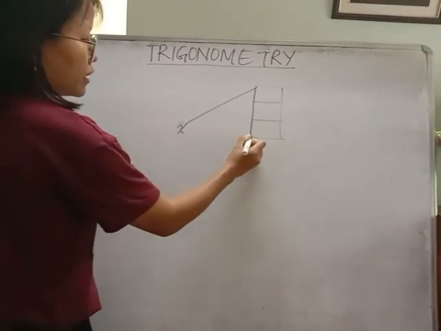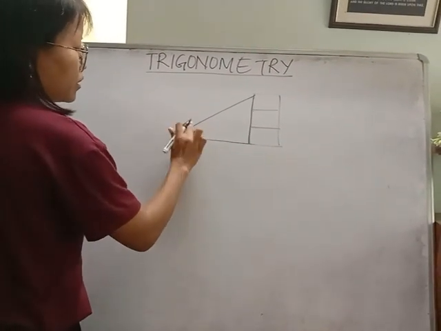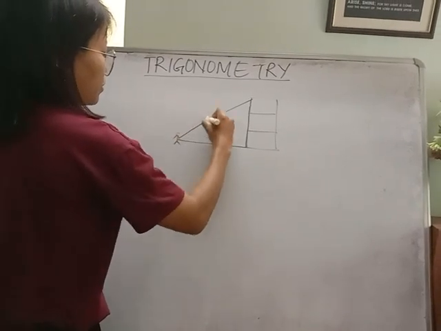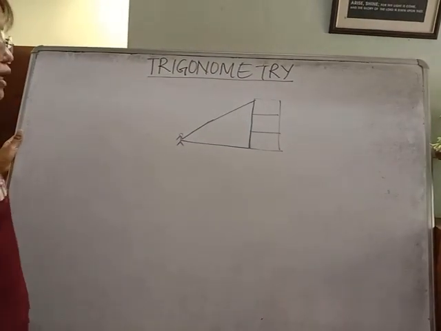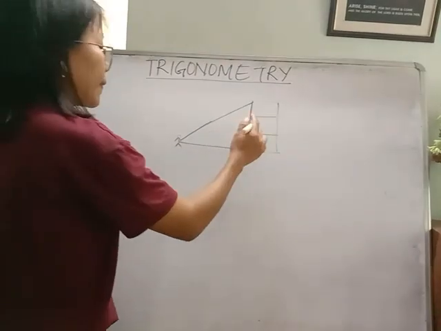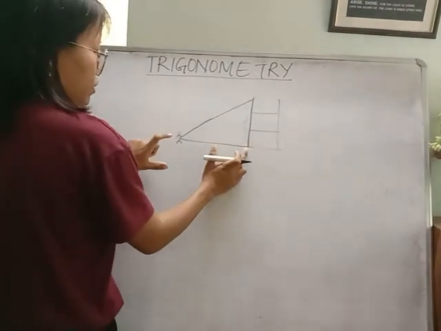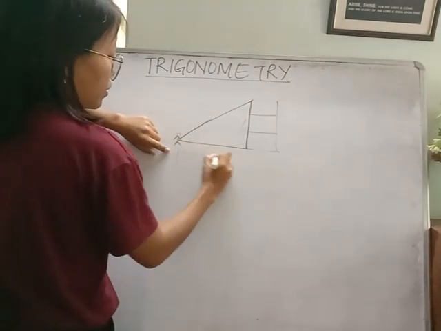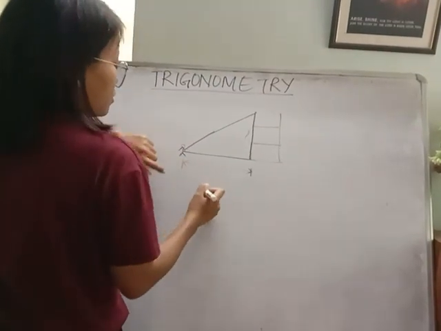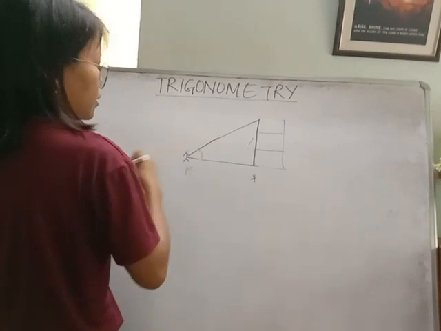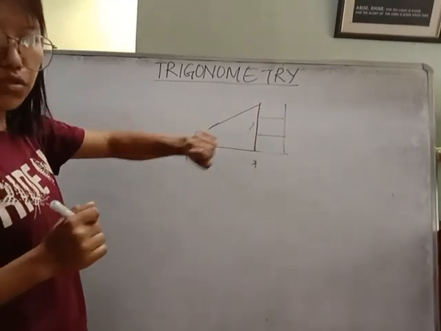We can imagine that a right triangle is being formed out here. Can you find out the height of your school? Yes, if you know the distance from where you are standing up to your school and this angle, you can find the height of your school.